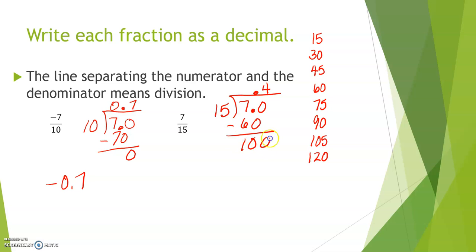We'll subtract, bring down a 0. 15 goes into 100 6 times. That's 90.